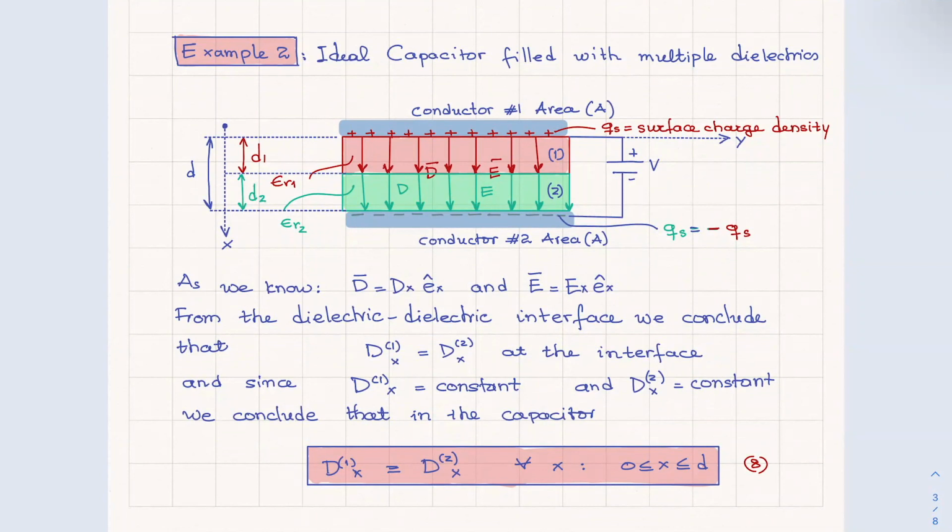Therefore, there are no edge effects. Second, D and E will continue to be perpendicular to the conductors. The fact that we have two layered dielectrics is not going to change that, especially because the dielectrics are layered along the direction of the conducting surfaces, as we always do.